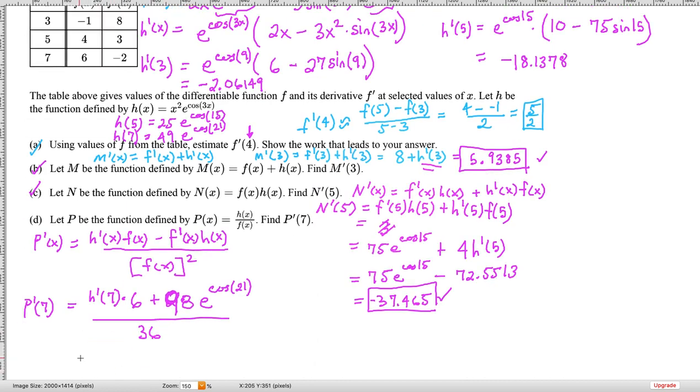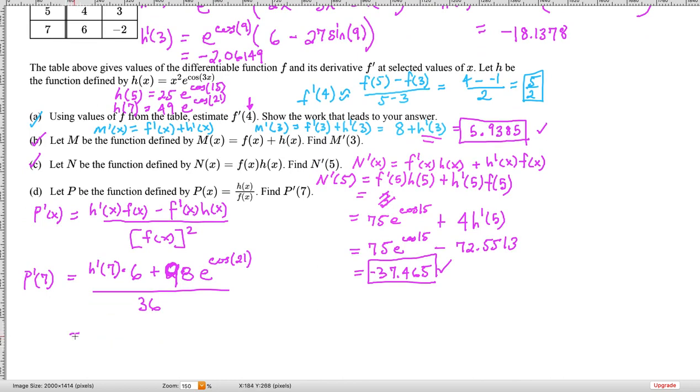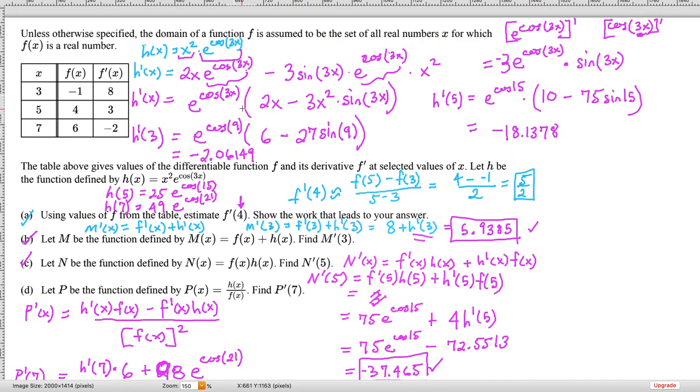Now I'm just going to sit here, and now I need to find out what h prime of 7 is. And again, you just got to take your time with this. H prime of 7 is going to be e to the cosine of 21 times 14 minus 49, right?